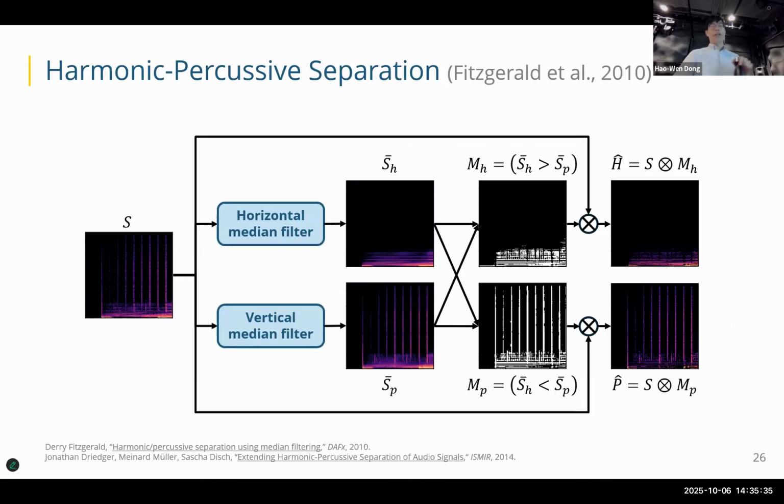This is a very good old, pure signal processing way to do harmonic percussive separation, even though the output we just heard is not great, but it gives you the sense that each single track has its own features.